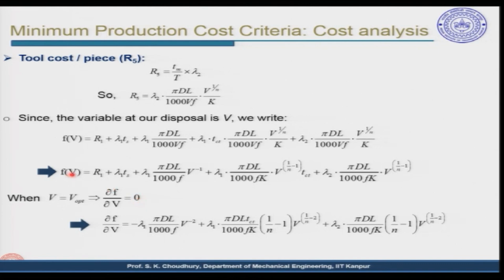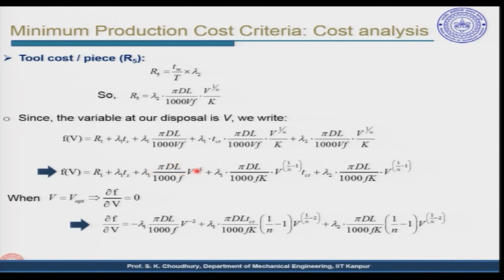So, if we take the first derivative of this equation, df with respect to cutting velocity, we will get this. V to the power minus 1 we have. So, this term will not stay, because it is with respect to cutting velocity, and R1 and R2 do not depend on the cutting velocity. So, they are going out.